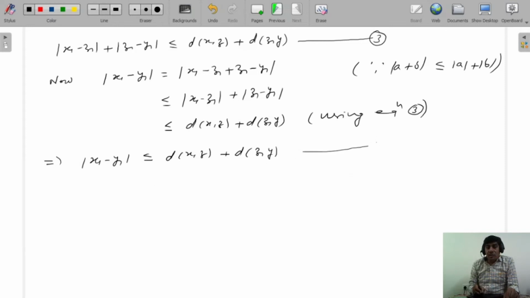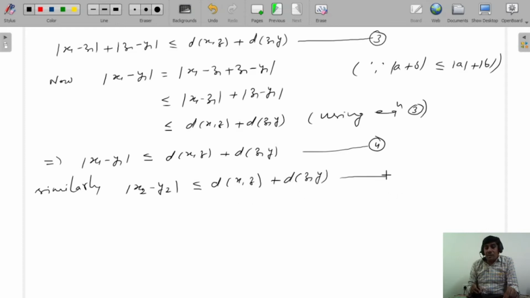Equation number 4. Similarly, modulus of x2 minus y2 is less than or equal to dxz plus dzy. Equation number 5.